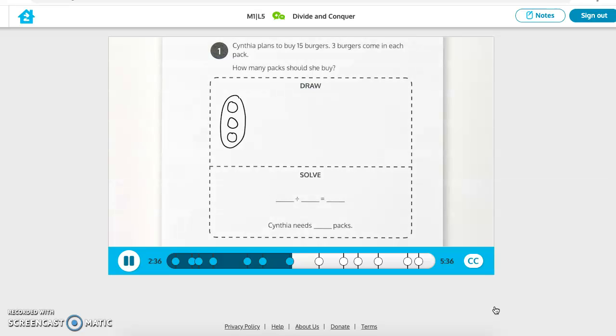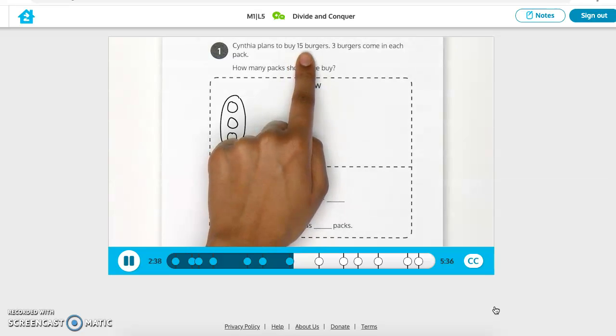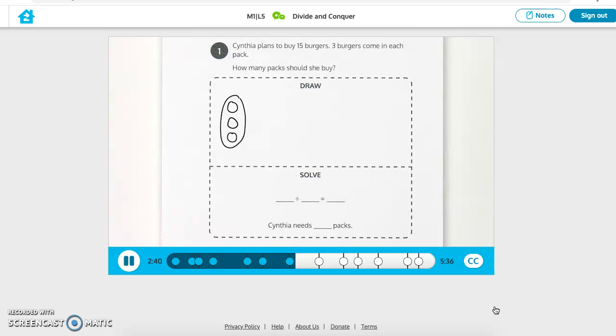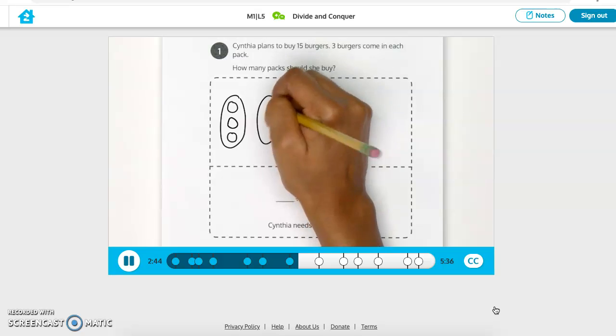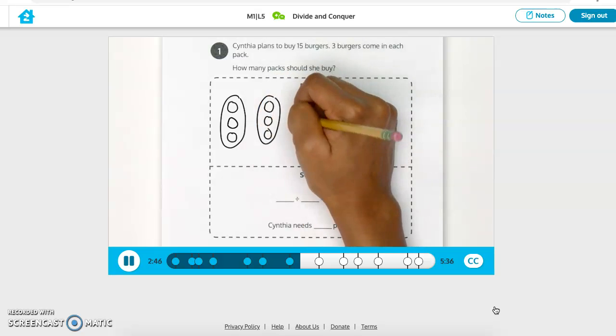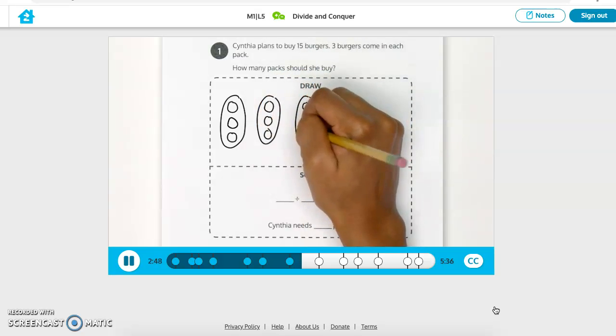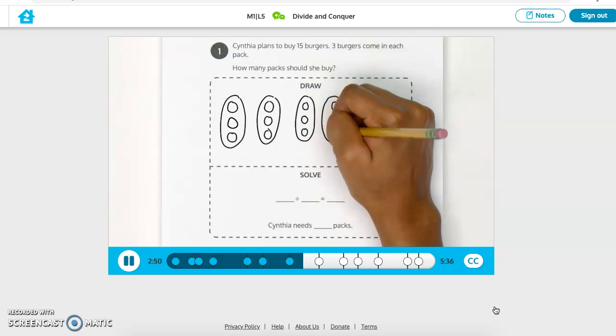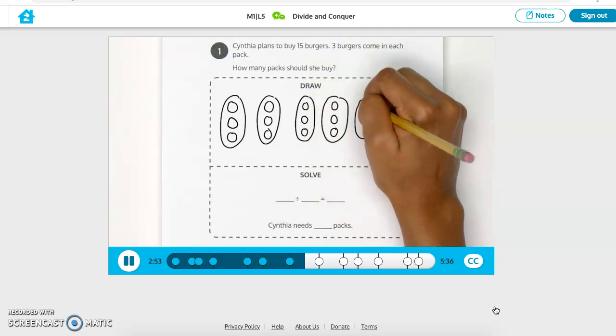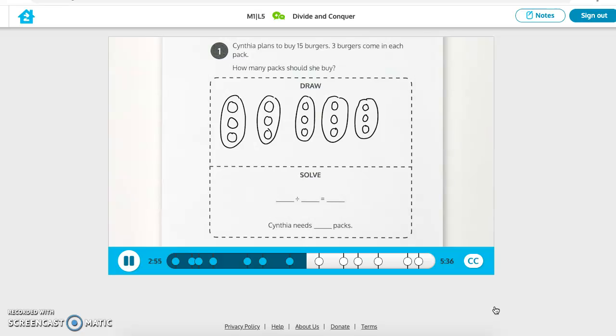So I'll keep adding groups of 3 until I get to 15. 3, 6, 9, 12, 15. Check your work. Then write a division expression to represent the drawing.